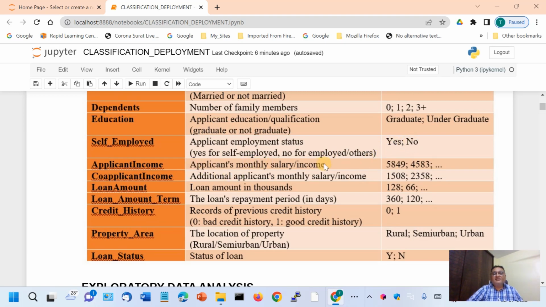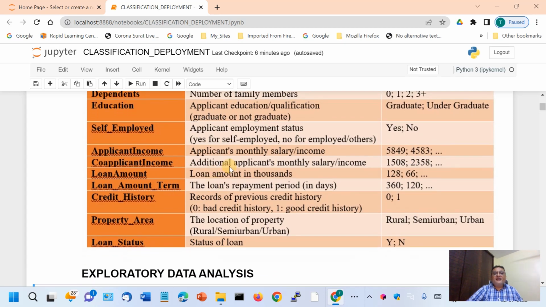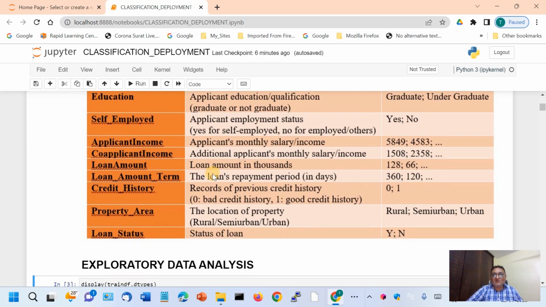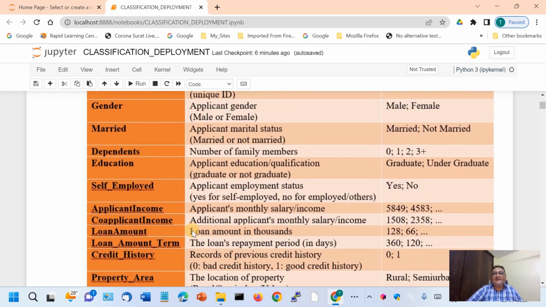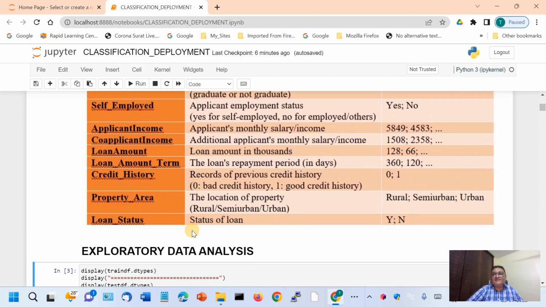Then applicant's monthly salary. For example, these are some example values. Co-applicant's monthly salary. These are all in US dollars, and this is according to the source from which the data is taken. This is real data of some financial institution in the US. Then loan repayment period in days is written, but I think it is in months.